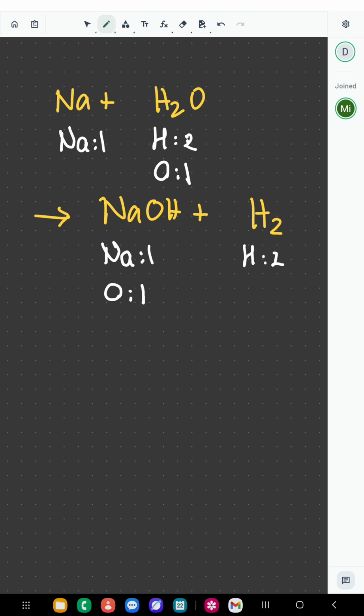Hydrogen. We forgot the hydrogen. H2 doesn't have oxygen. It's just like imagining oxygen, and then you forgot the hydrogen here. The hydrogen now. On the NaOH.